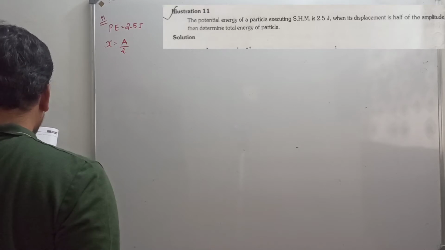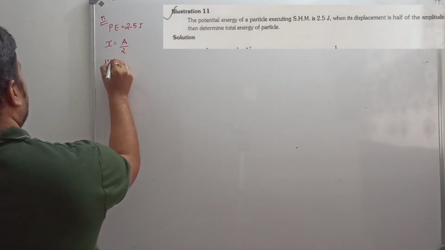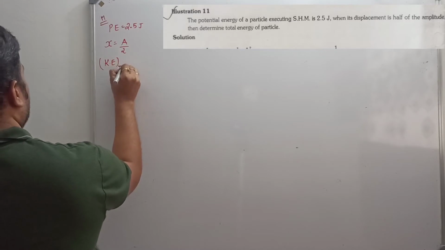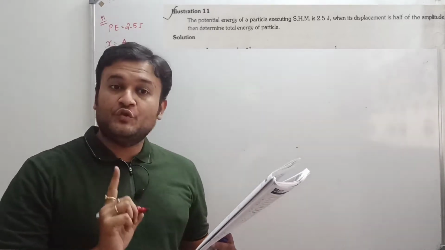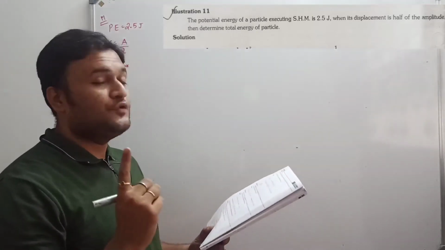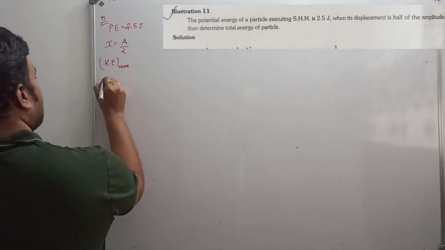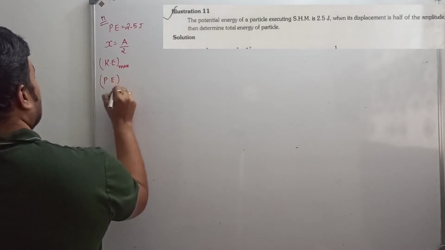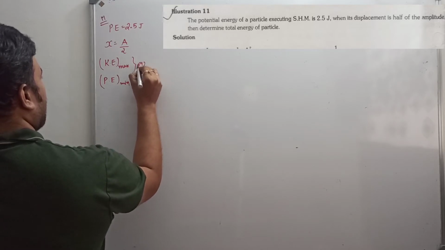What is the maximum kinetic energy and minimum potential energy? We have to find out the KE maximum. And when KE is maximum, the potential energy is minimum. So both we have to find out.